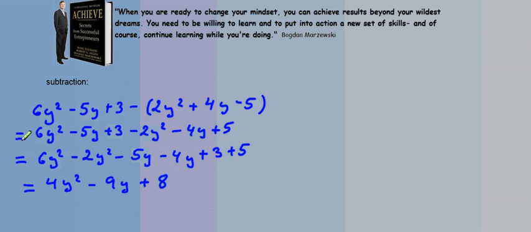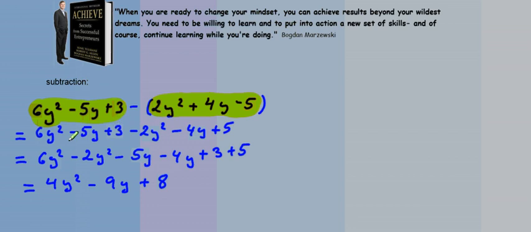How to subtract polynomials. So another example. This trinomial, take away, so please note it is shown in brackets: 2y squared plus 4y minus 5 is to be taken away from 6y squared minus 5y plus 3.